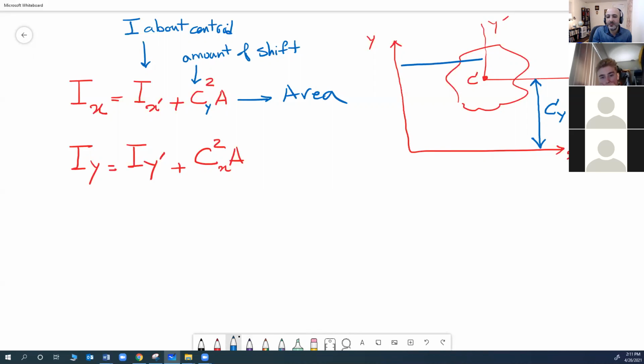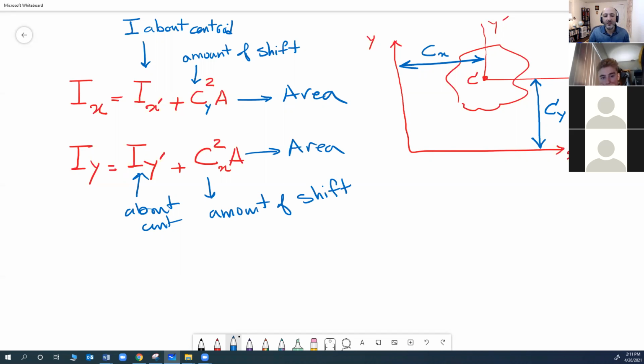So the shift between the centroid axis and the y axis, cx. Same thing: I about centroid, amount of shift or the distance, and this is just the area.